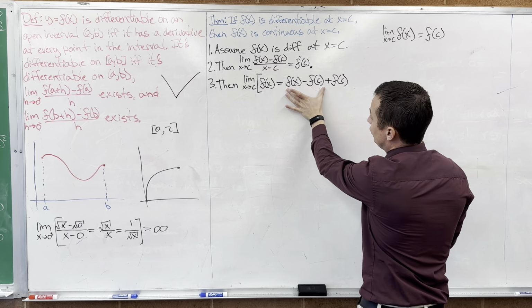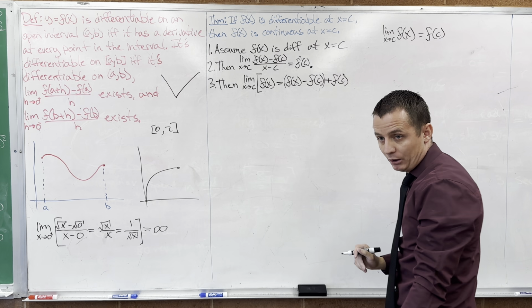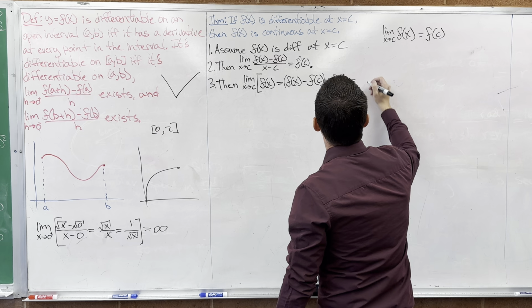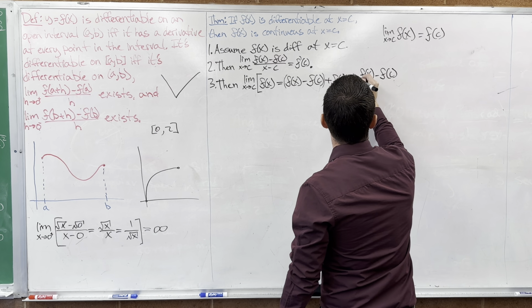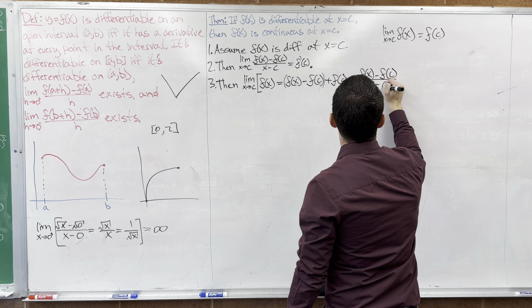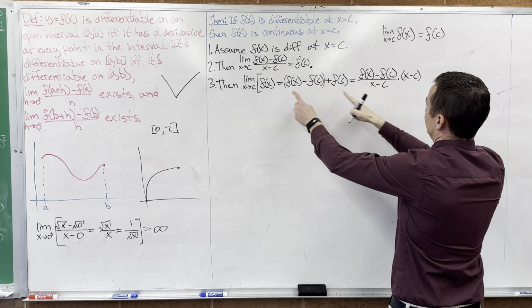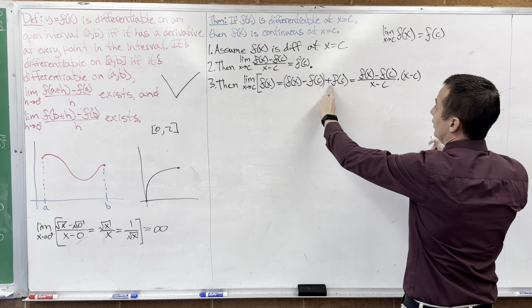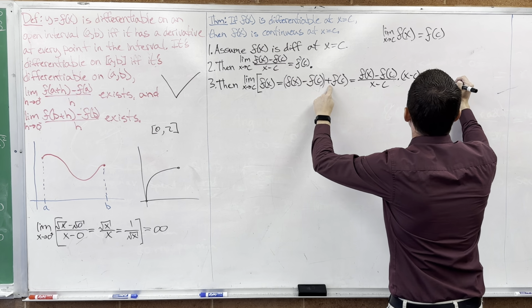So I'm going to multiply these two together by 1. So think about these two being grouped together, and I'm going to multiply them by 1. A very special one. So this is equal to f of x minus f of c divided by x minus c, times x minus c. So I took these terms, multiplied top and bottom by x minus c, and I still have this plus f of c. With me?